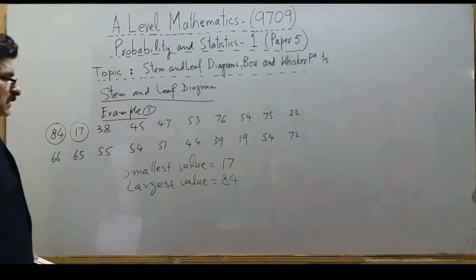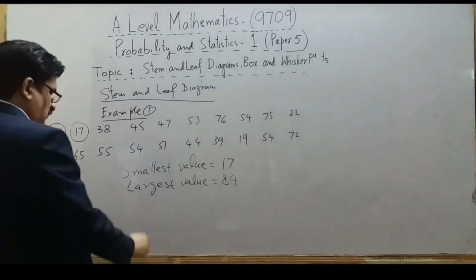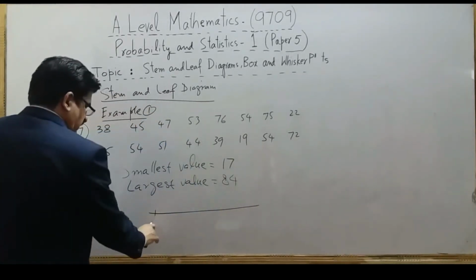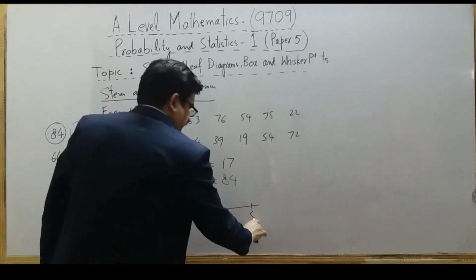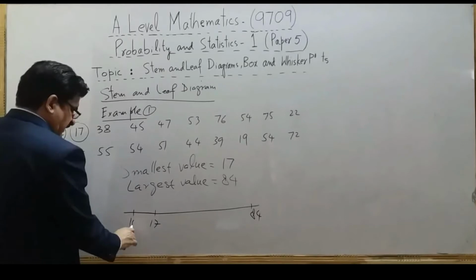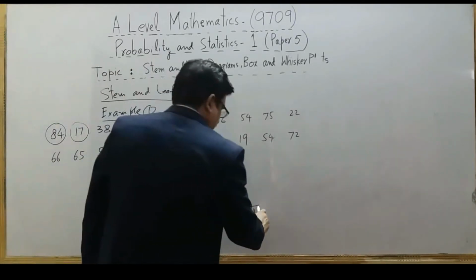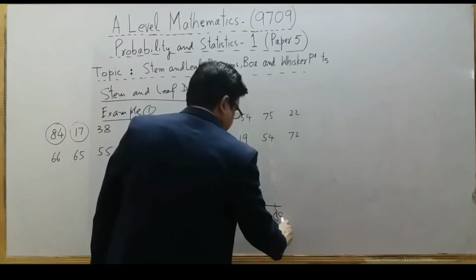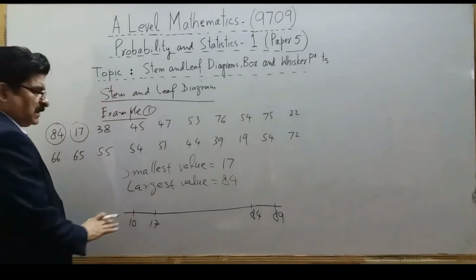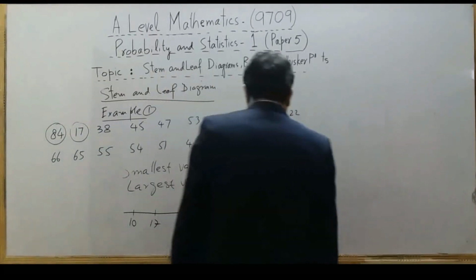This is just for understanding, 17 to 84. So we start from a simple value, not an awkward value, and end at, for example, 89. We have to make classes in which the class width must be the same.